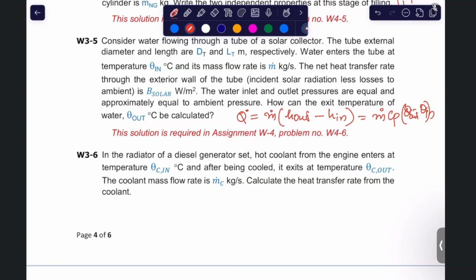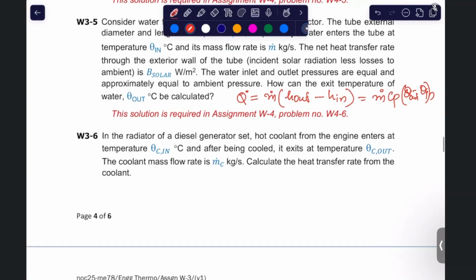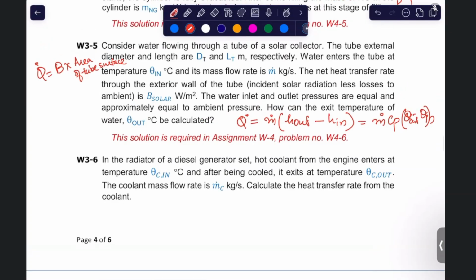So how to calculate q net, or the q dot? It is B solar, given in watt per meter square, times the area exposed, or area of tube surface. That is pi dt lt; 2 pi r times length is the cylinder surface area.